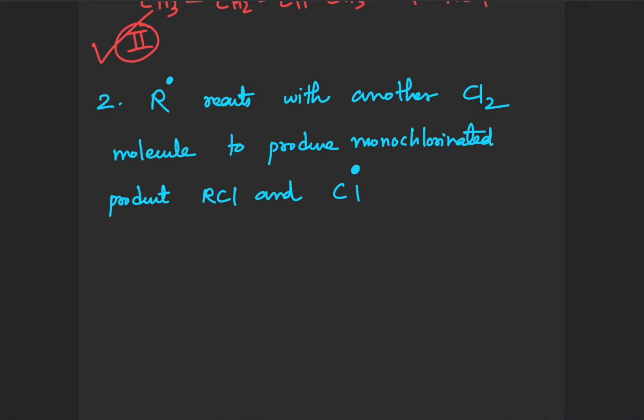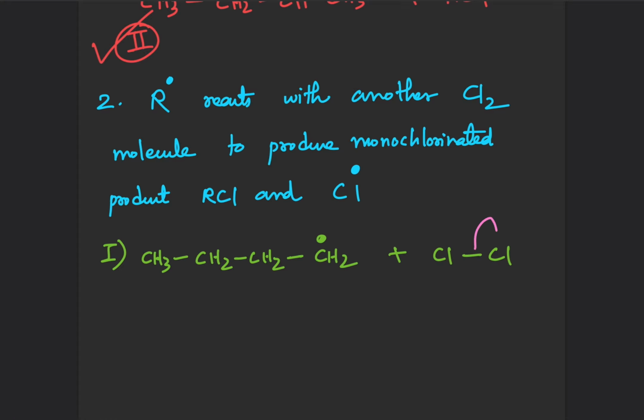So we have got two unique new alkyl radicals, remember. So let's say the first one that we got was CH3, CH2, CH2, CH2 radical. So this combines with a Cl2 molecule. So what's going to happen?